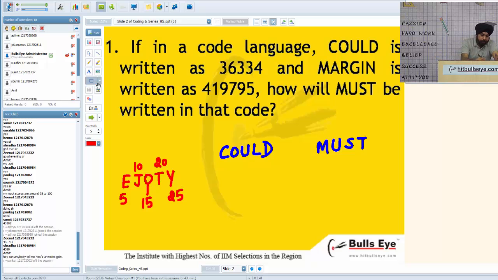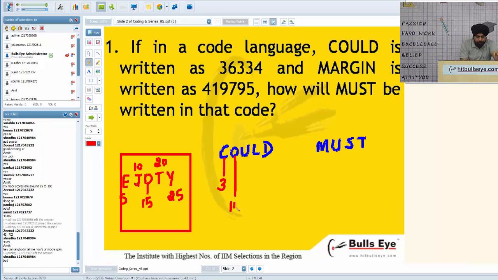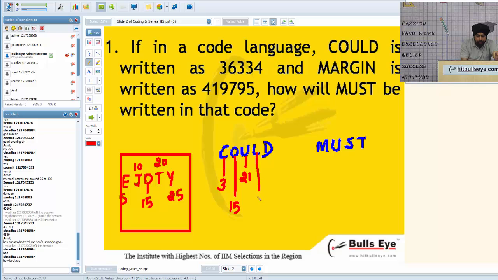E comes at position number 5, J is at position number 10, O is 15, T is 20 and Y is 25. Now similarly, if you could see carefully, students, C appears at position number 3, O appears at 15, U appears at 21, L appears at 12 and D appears at position number 4.